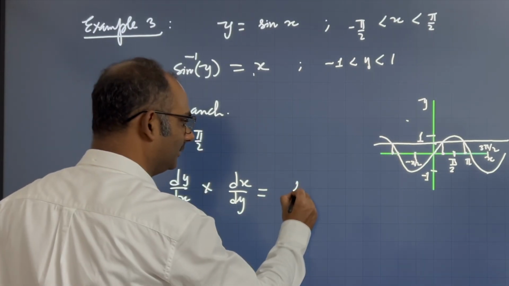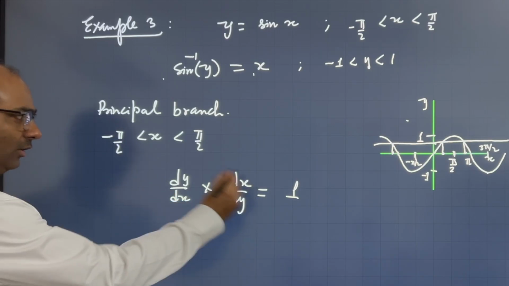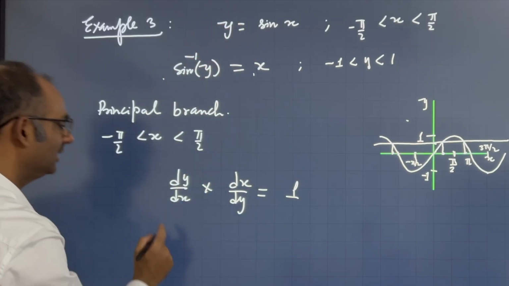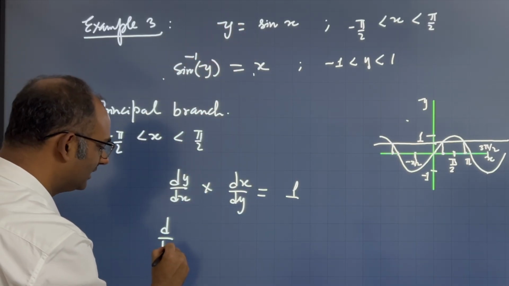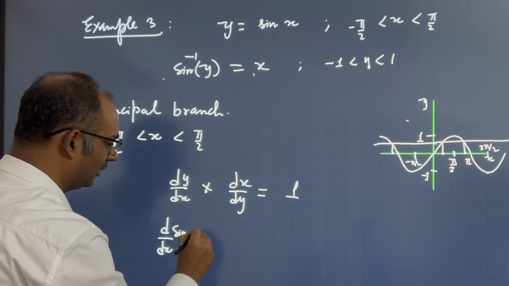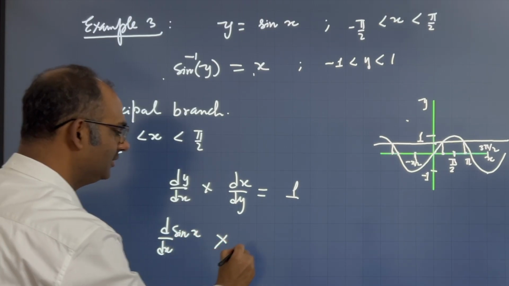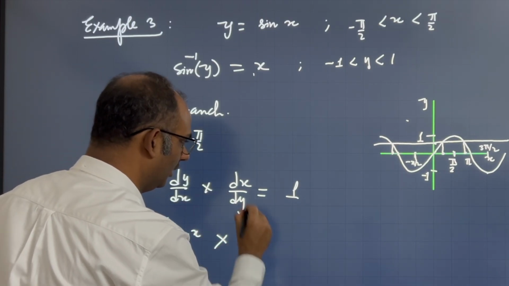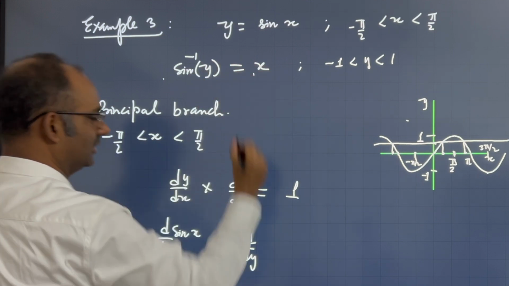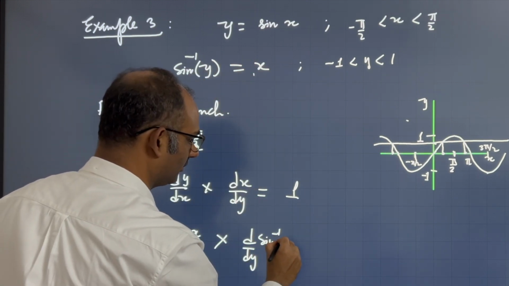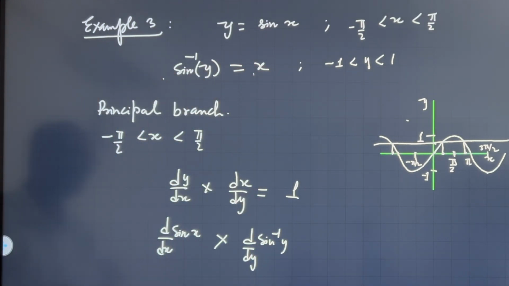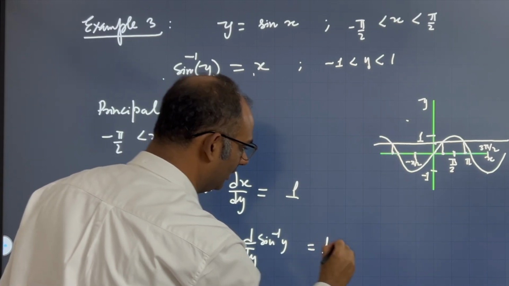And that should be 1. Maybe I'll write it down using this. It's d over dx, y is sine of x, times d over dy, x is sine inverse of y. And that should be, according to our theorem, 1.